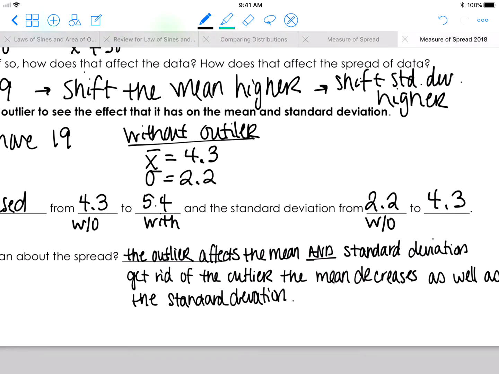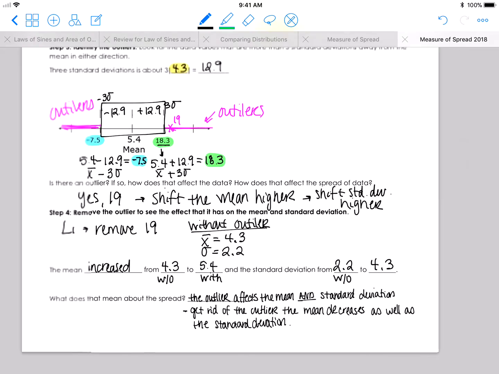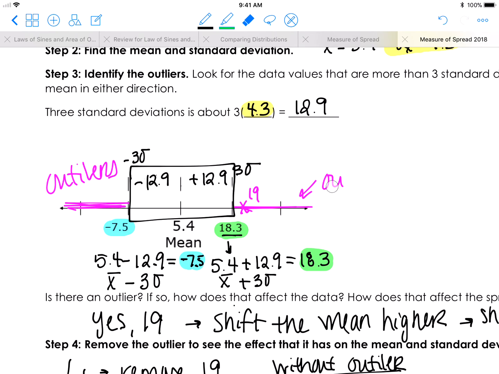So the outlier affects the mean and the standard deviation. If you get rid of the outlier, then the mean decreases as well as the standard deviation. So, okay, that's all for me today. Oh, well, look at that. Let's respell this the correct way.